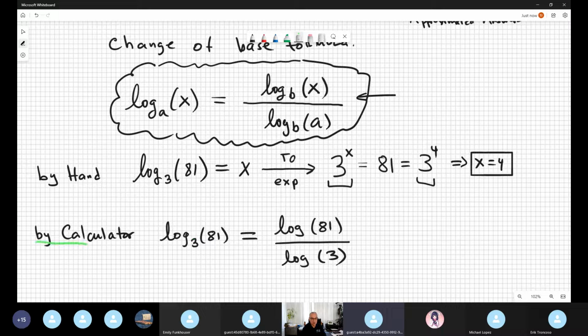The majority of calculators do not support base 3. However, I change to the base B. B is the new base. In this example, I select 10. And x is 81 in our example, and a is 3. Do you follow me?